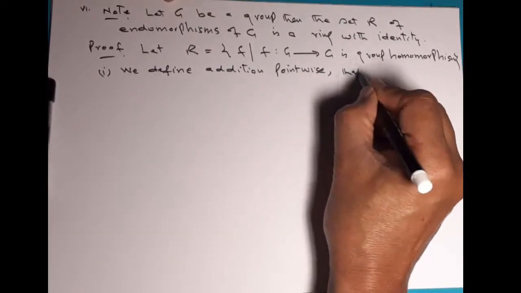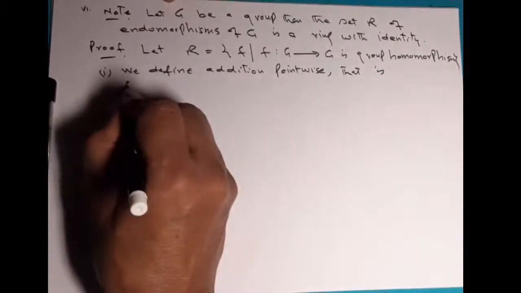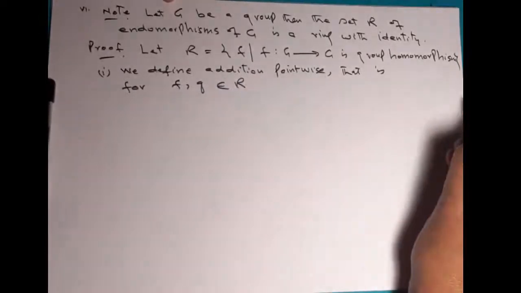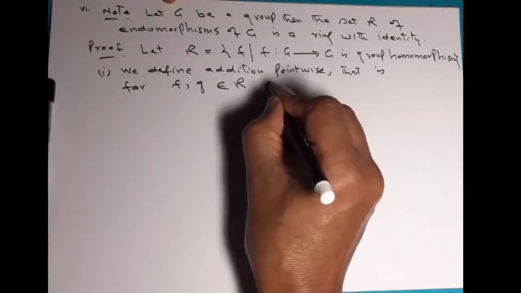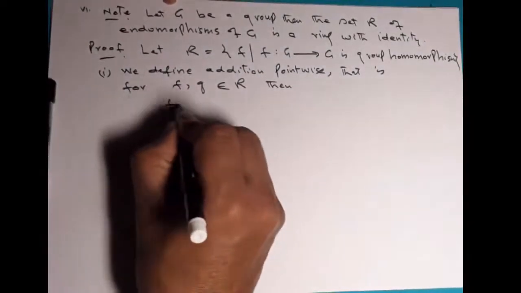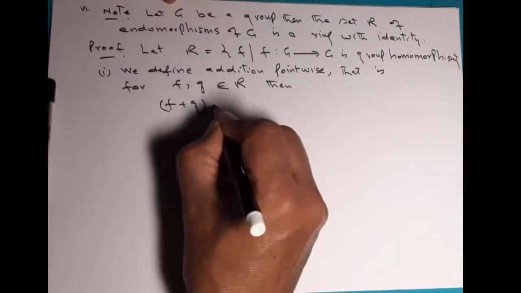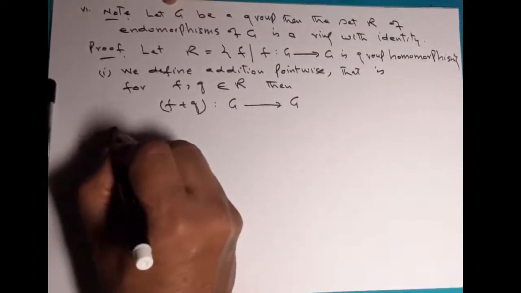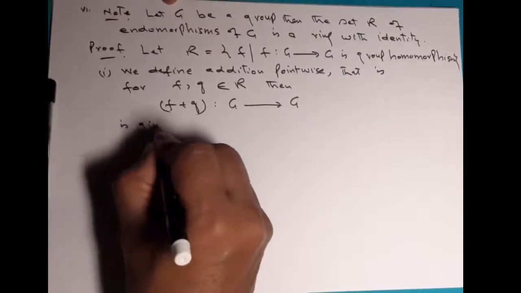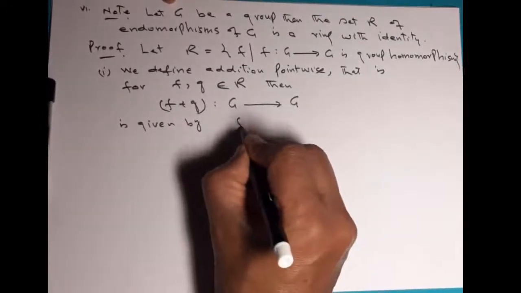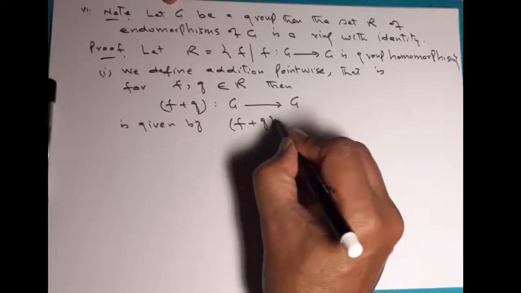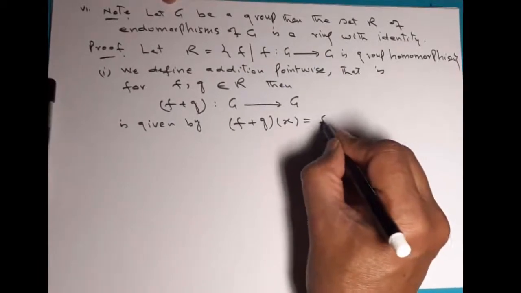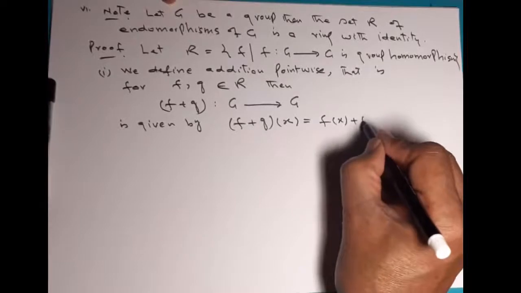For F, G belonging to R, if we are given two endomorphisms F and G, then their sum F plus G, from G into G, is given by the effect of F plus G on any element X of G: (F plus G)(X) is equal to F(X) plus G(X).